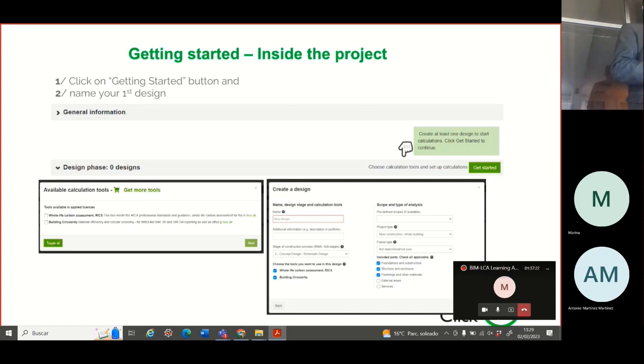So how many have sent the information to OneClick? We haven't received the free trial, the 14 days free trial. You received it? Yes, you have 14 days free trial. For today, it's enough.